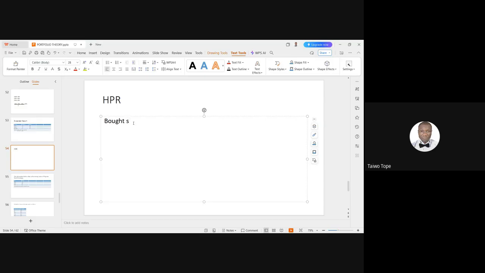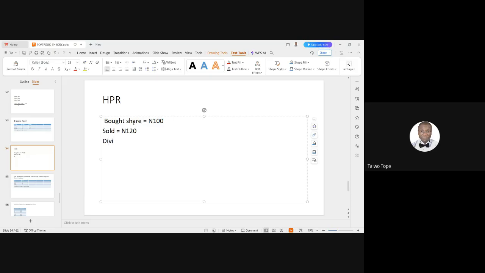The value at which you bought a share can be, let's say, 100 naira, and you sold it at 120 naira.